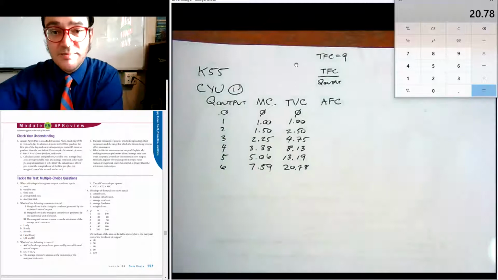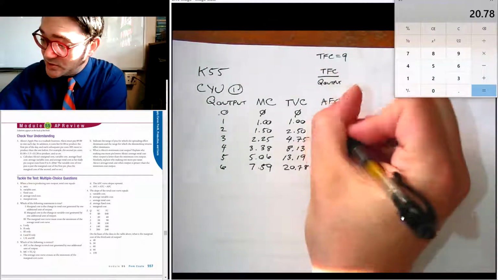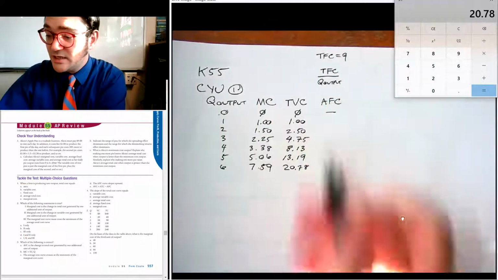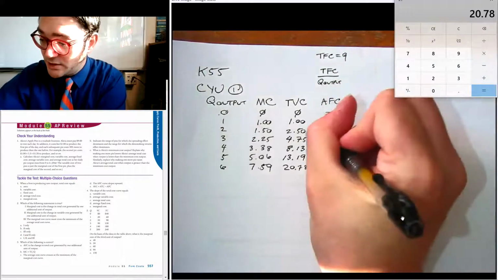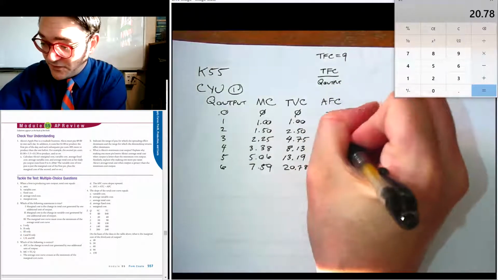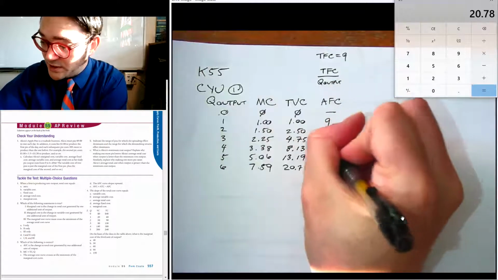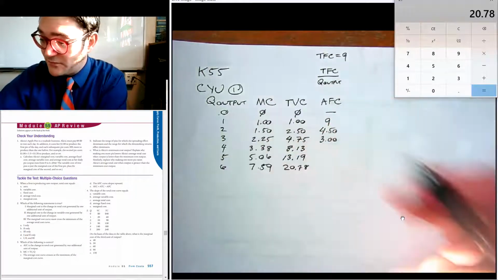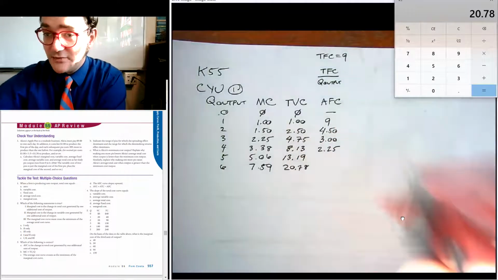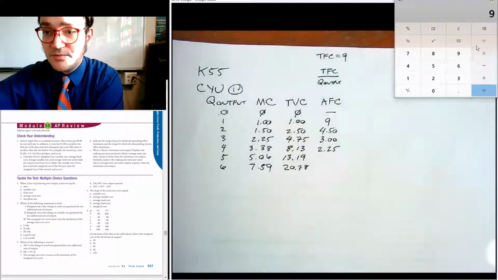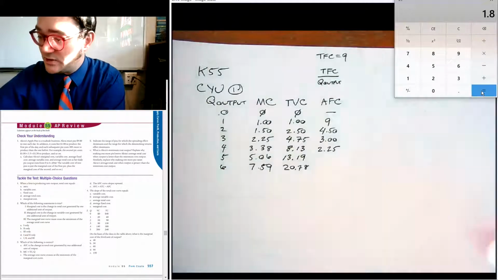So 9 divided by 0 is not a number, so we won't have a value for the first one, but 9 divided by 1 is 9. 9 over 2 is $4.50. 9 over 3 is $3. 9 over 4 is $2.25. 9 over 5, I should be able to do that in my head, but I can't.